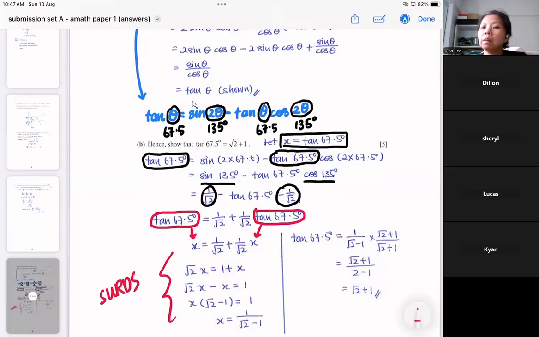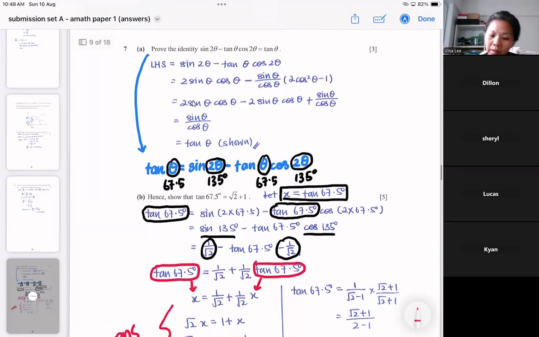I think some of you are stuck because you realize that there's another tan 67.5 the other way. So this is one method. Some of you make tan theta the subject first.